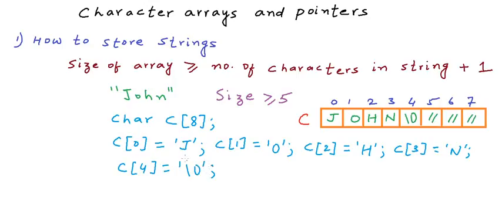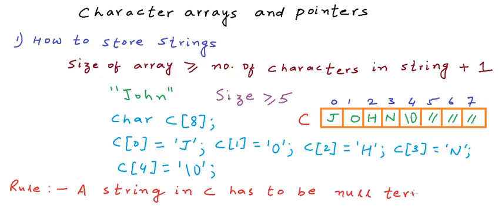Within single quotes we put a backslash and number 0. This is the null character. All the functions for string manipulation in C expect that strings will be null terminated. So this is a rule. A string in C has to be terminated by a null character, and that's why we need one extra space to store this null character.